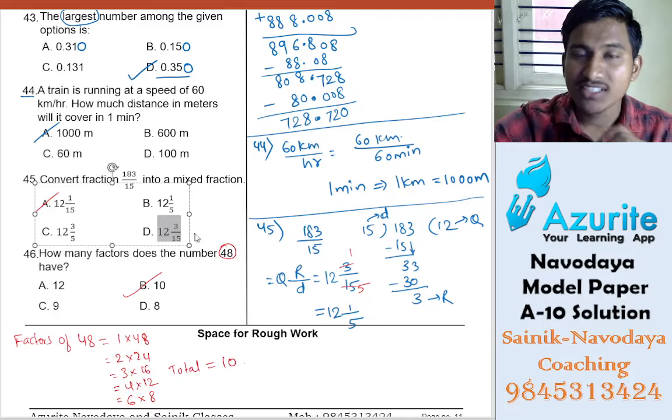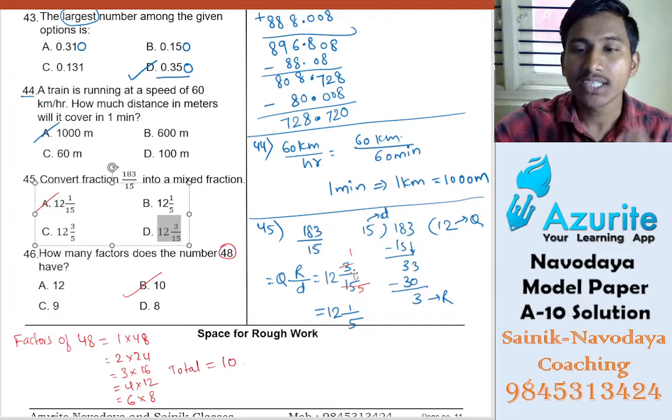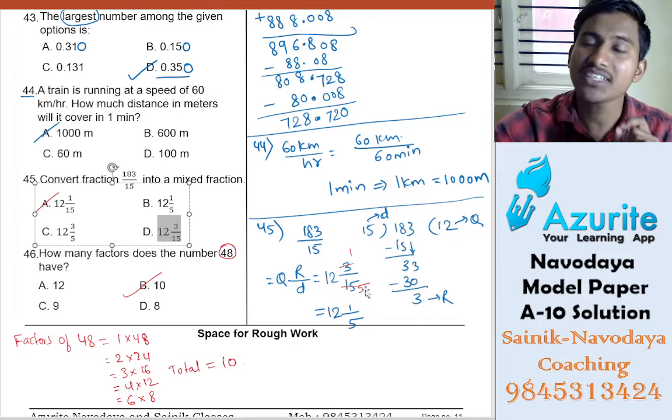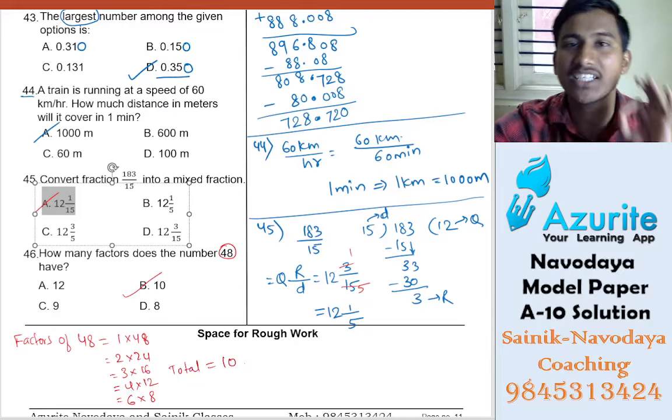This is not the answer, option D is not the answer. 3 and 15 have the common factor 3. 3 ones are 3, 3 fives are 15. So the answer will be 12 1 by 5. Here 1 is in the numerator, 5 is in the denominator. Always write in the simplest form.